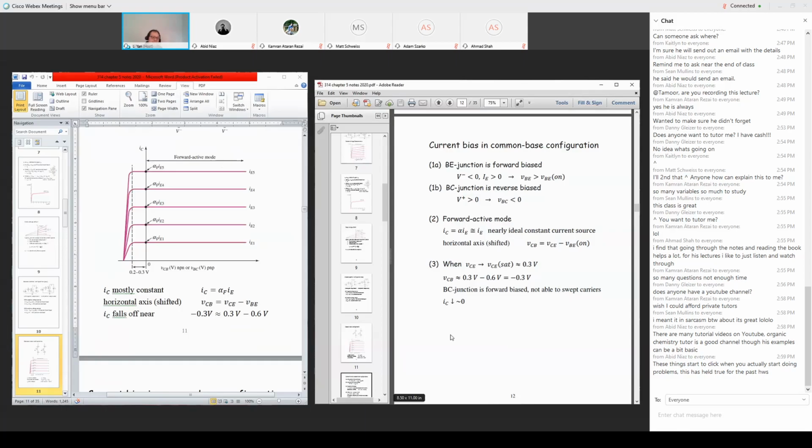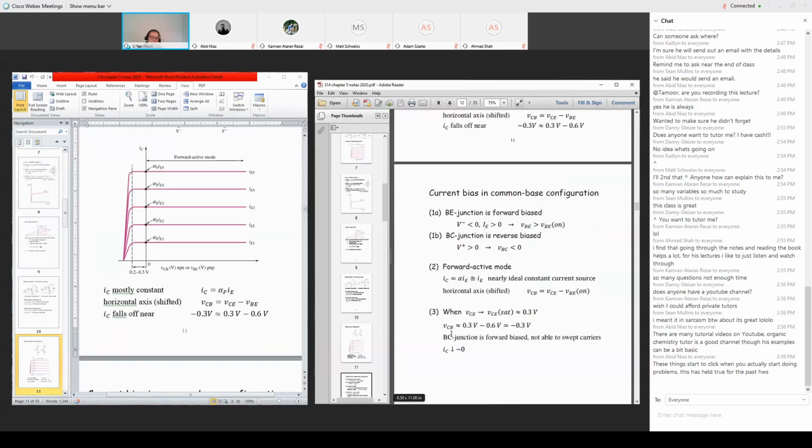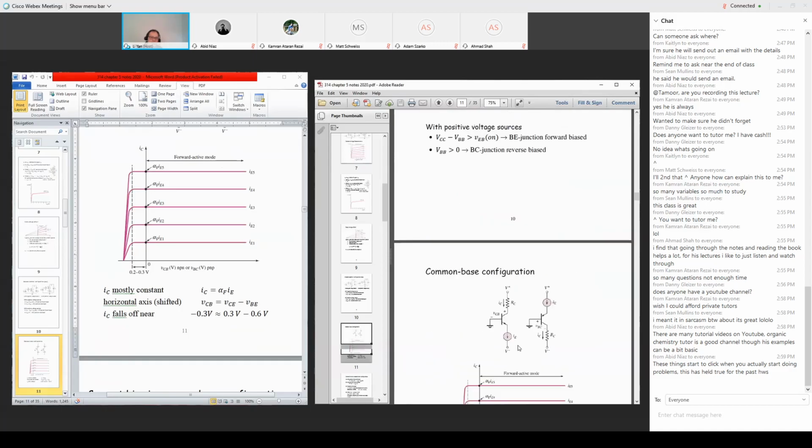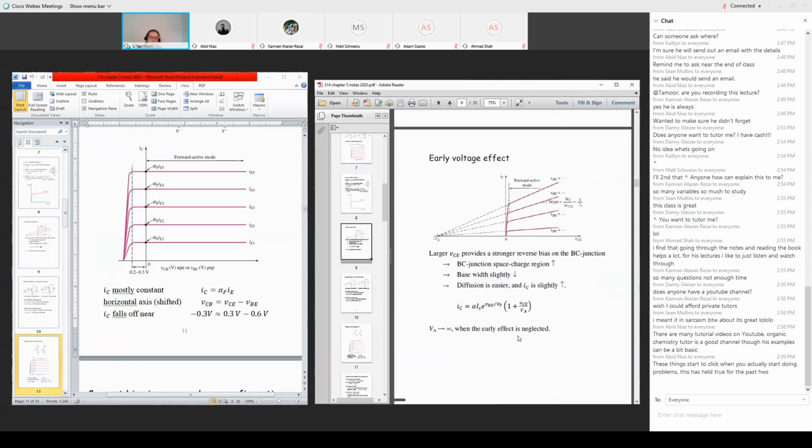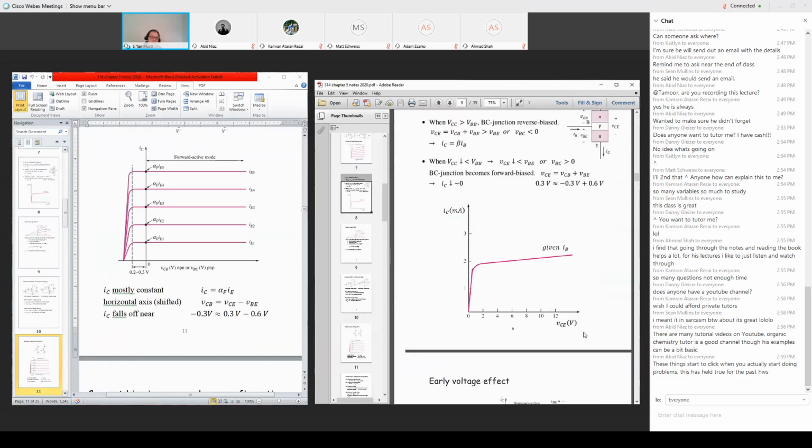Any question? And here you probably noticed that I put in the words VCE sat equal to 0.3 volts. So what's VCE sat? In this diagram, the early voltage effect is between the forward active mode border and the 0 of VCE, and that gap is VCE sat. Later I will explain that phenomenon as well.